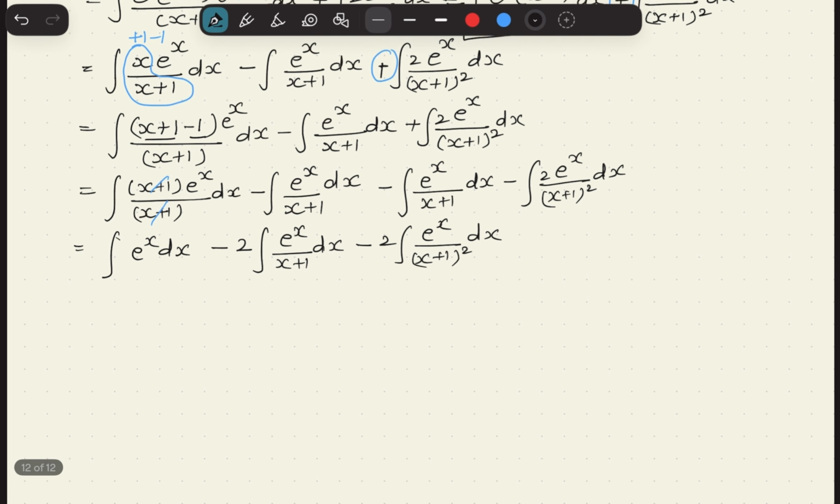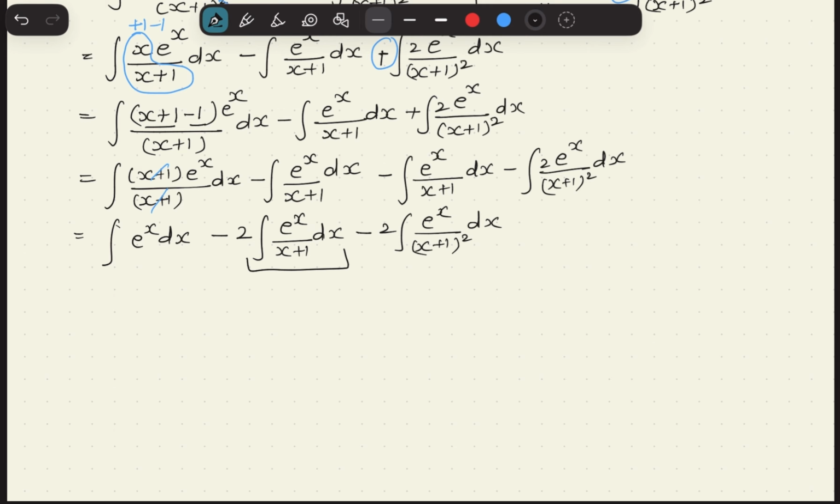What we will do now, we will apply integration by parts here. First function is 1 upon x plus 1 and second function is e to the power x. After applying the formula, we get the integration of e to the power x, which is e to the power x, and minus 2 is here outside the integral. So the first function is 1 upon x plus 1, and recall we will not solve this integral because this will be cancelled out. We will solve only the second one.